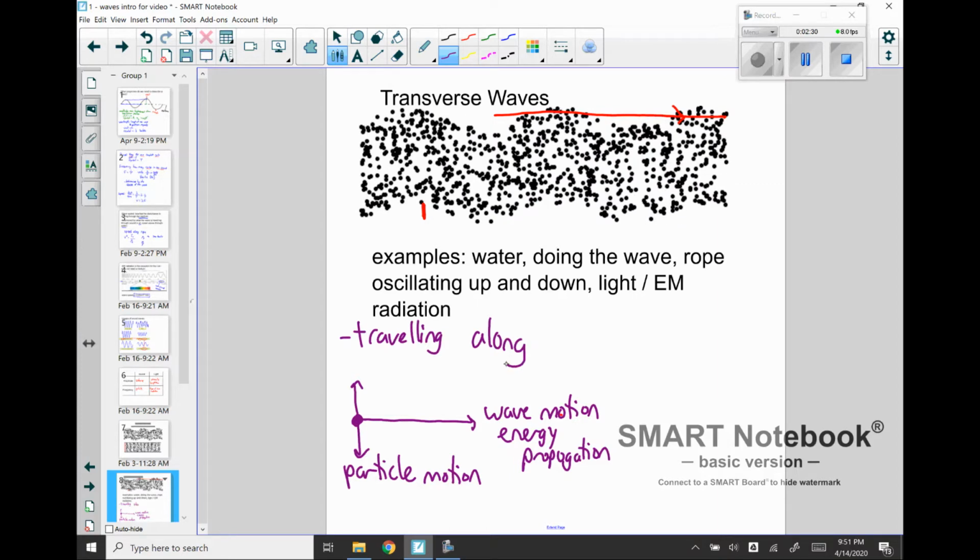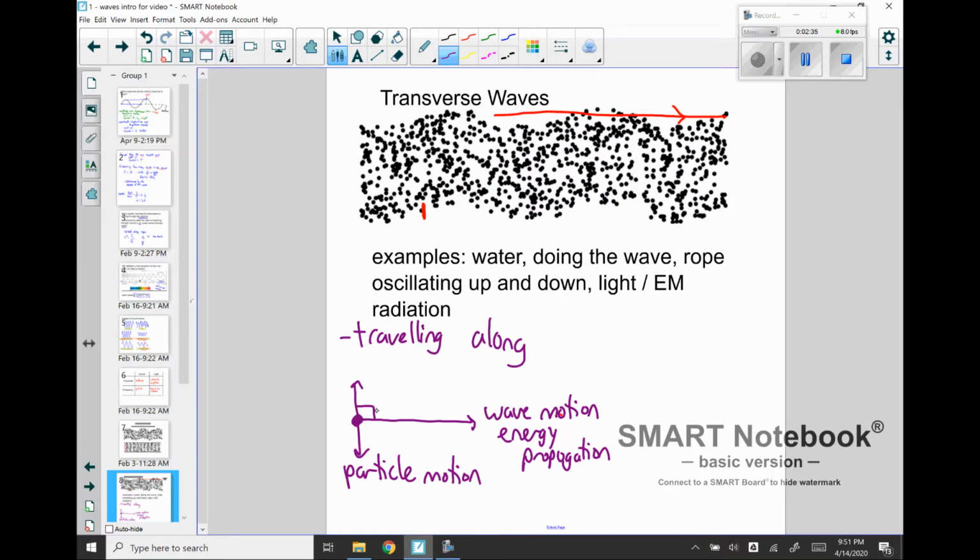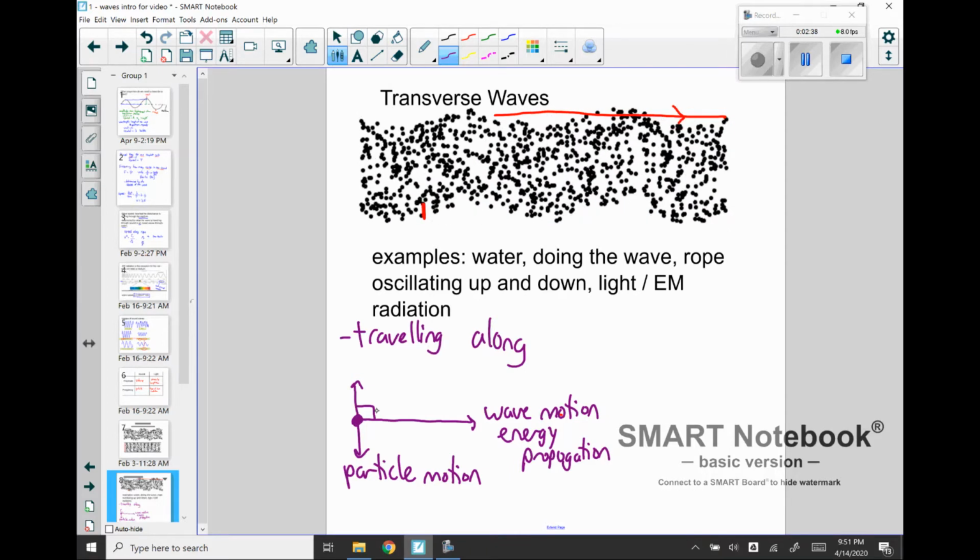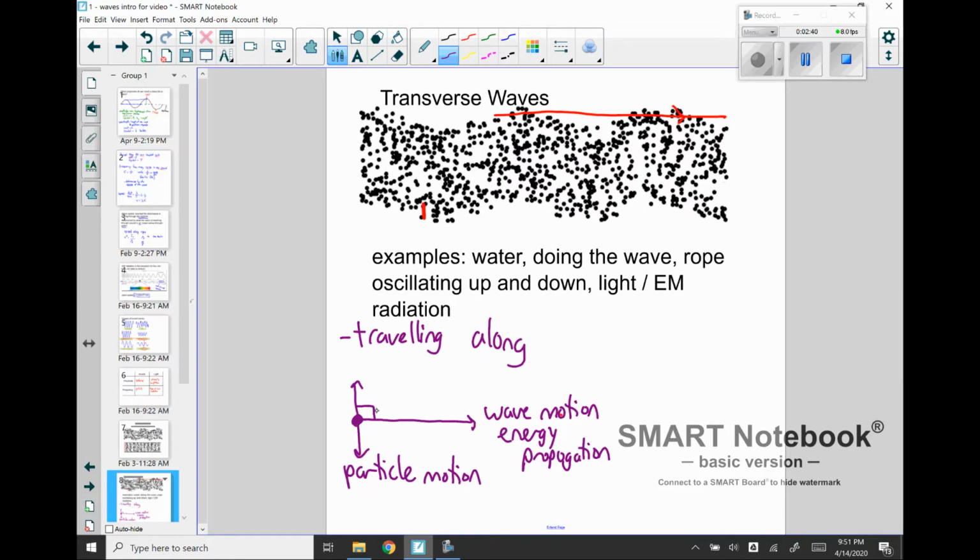And these are at right angles to each other. And this actually is the definition of a transverse wave, that the particle motion and the energy propagation are at right angles to each other.